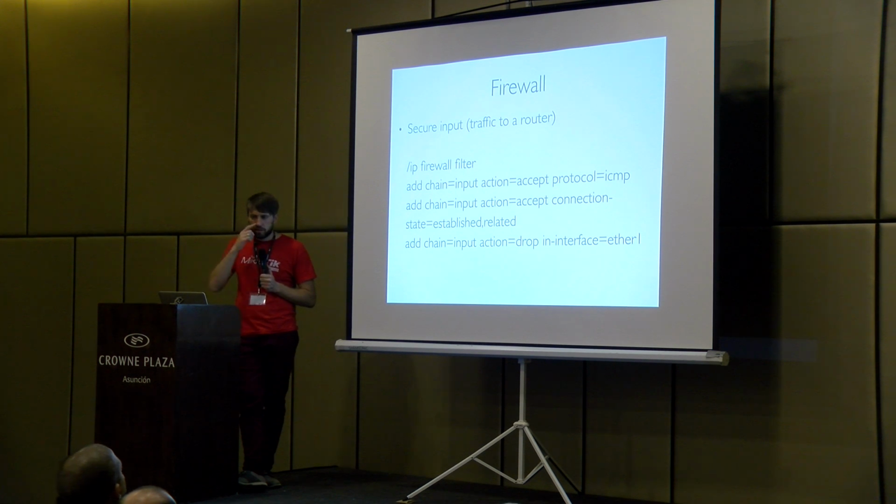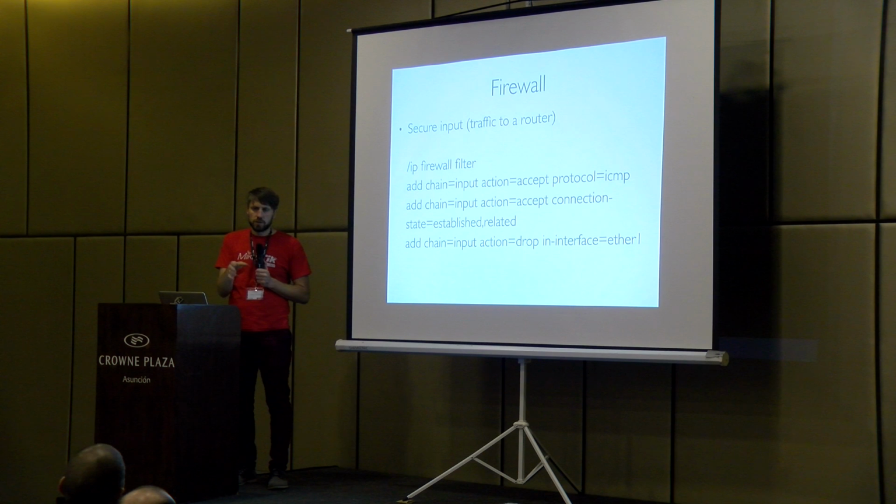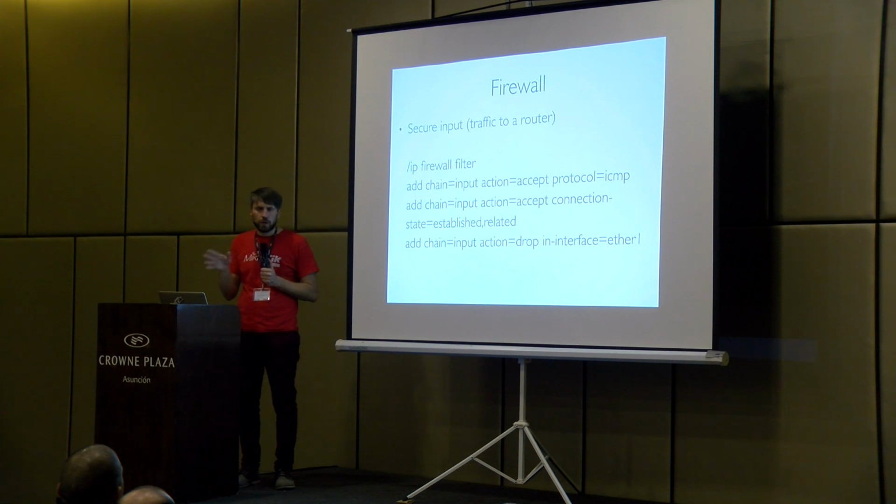Firewall can be divided into a few groups. The first group is filter. This is the place where you filter packets that are going to your device. In the firewall there are chains. Chains describe how packets traverse the router, and usually there are 3 or 5 chains.